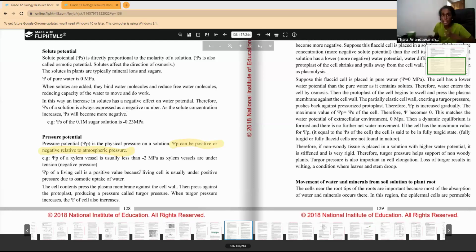If you are sucking up, dragging the solution, that will create a negative pressure. For example, water is pulled rather than pushed. Water is pulled with a tension, so in the xylem vessel elements of the plant stem, the psi p value is negative since it is pulled rather than pushed.